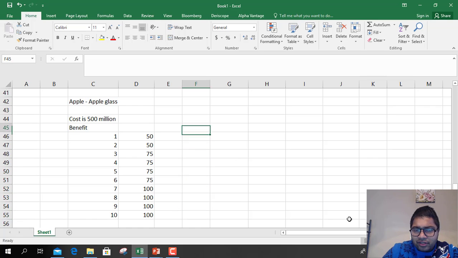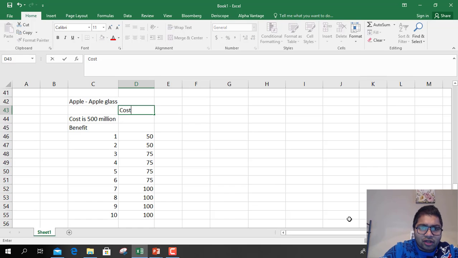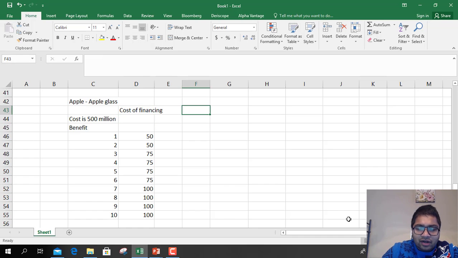Based on the risk of this project, the cost of financing or discount rate is 14% for you. So should you undertake this project or not?